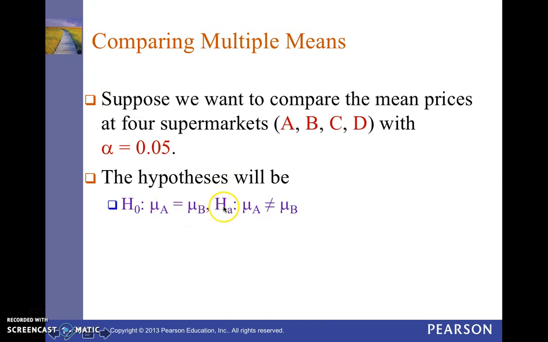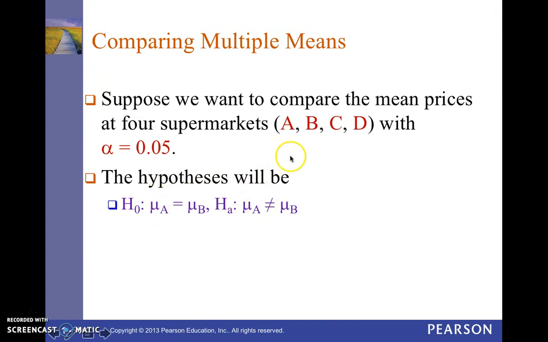The alternative hypothesis, which is generally the one we're making, has the not equal sign. So we're arguing that the mean of A, a supermarket, is not equal to the mean of B. That's our null, that's our alternative.